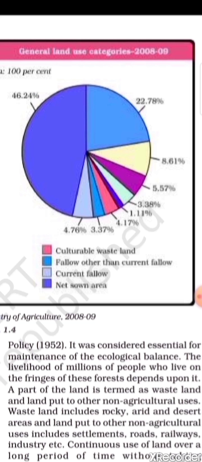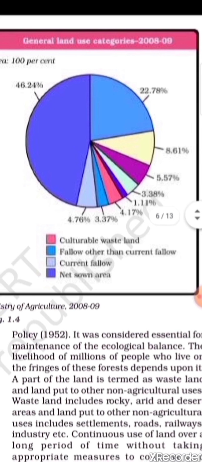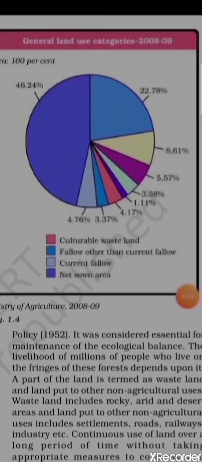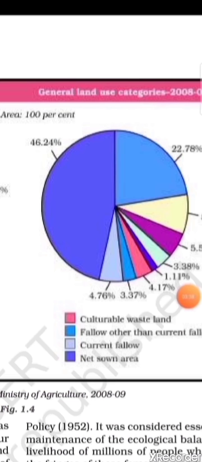Next, 3.37% was net sown area, meaning the actual land which was used for the cultivation of crops like wheat, rice, tea, sugarcane, etc. And 4.76% was the current fallow, meaning this part of land was left uncultivated for 1 year or less, so that the soil can regain its fertility. So this was the land use pattern in our country.